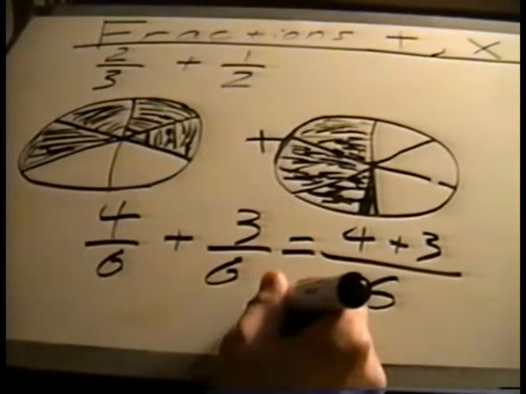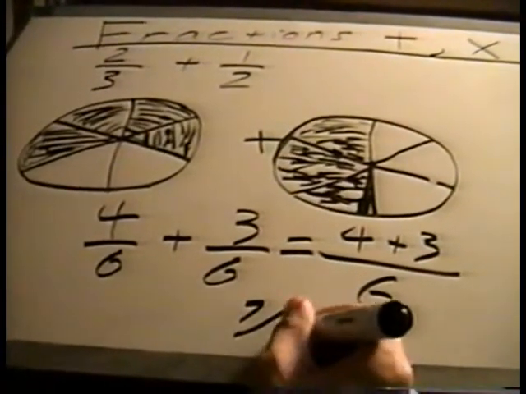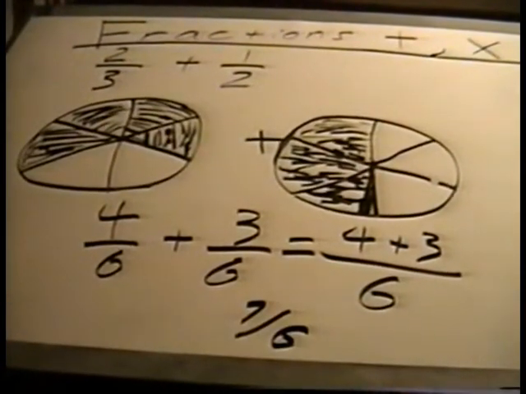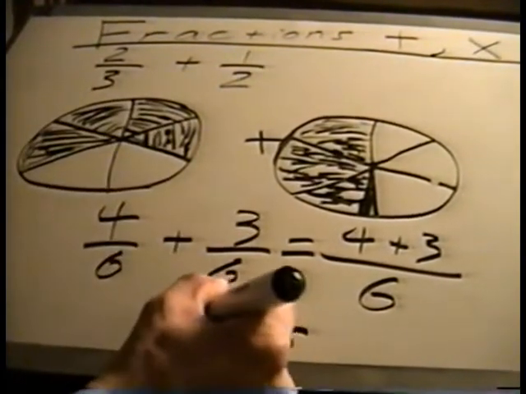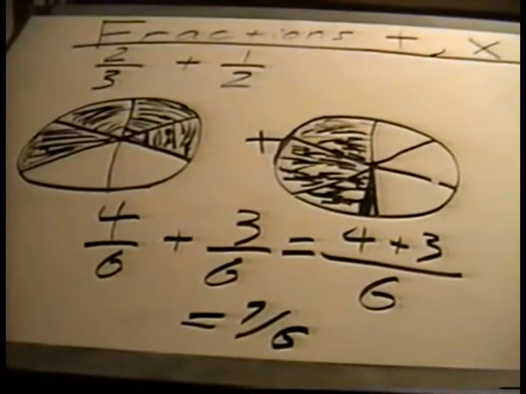So here, multiplying 2/3 by 2/2 is like multiplying by 1.